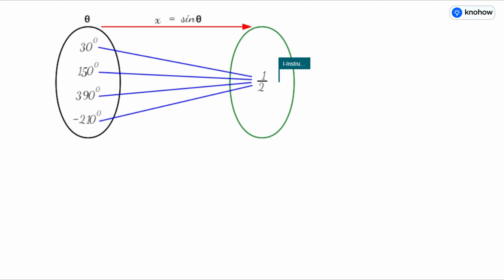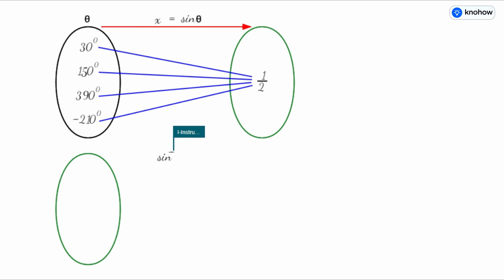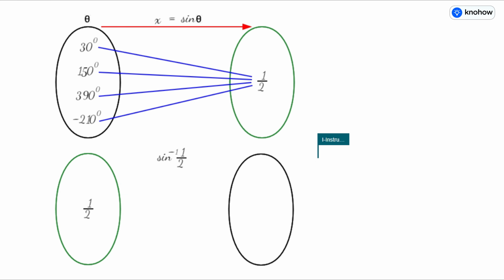Now look at the reverse situation. Here you are given theta, and the value of sine theta for all these angles is half. Now take the reverse: suppose you have to find the value of sine inverse half. What do you mean by sine inverse half? You mean what is that angle whose sine is half.